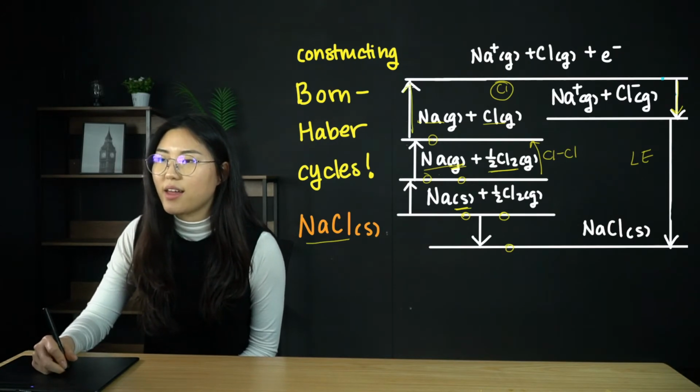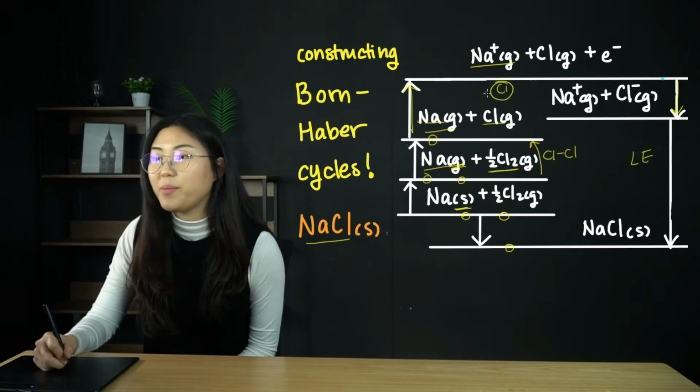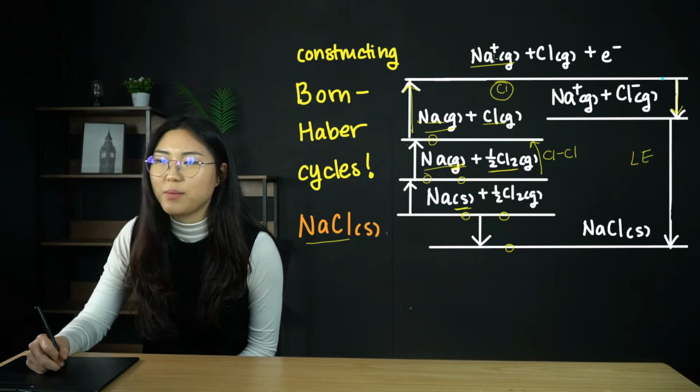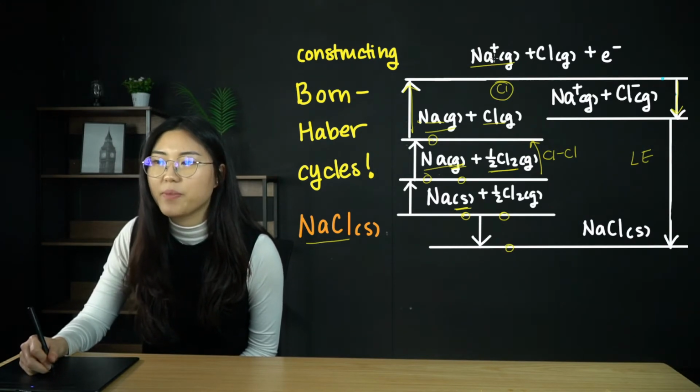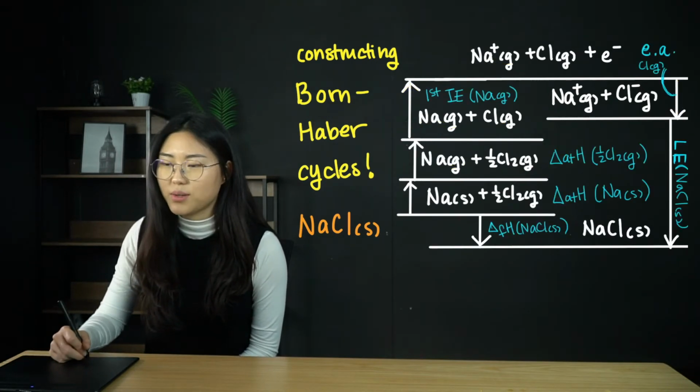And lastly, this arrow over here will be representing the first ionization enthalpy for sodium, right? Because sodium is losing an electron. We're stripping away an electron from sodium to make a sodium ion, okay? 1 positive sodium ion.